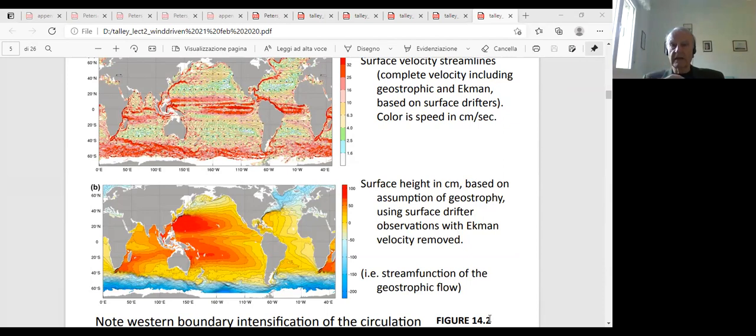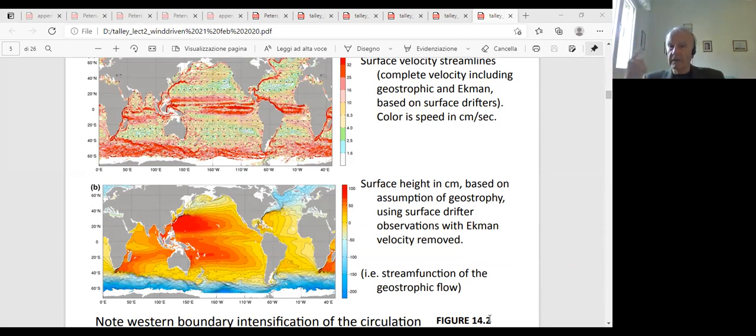This is the inverse process with respect to what we have done, by having the surface height. If we have a surface height, which is the recent result from 1992 up to now from the satellite measurements, there we have the sea surface height distribution over the world ocean, and then we reconstruct the sea surface current.